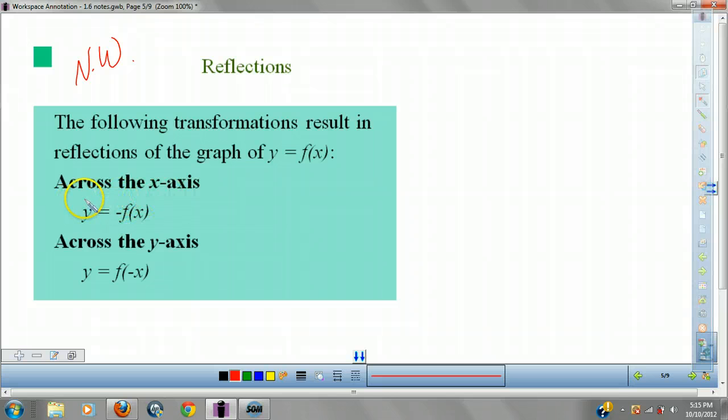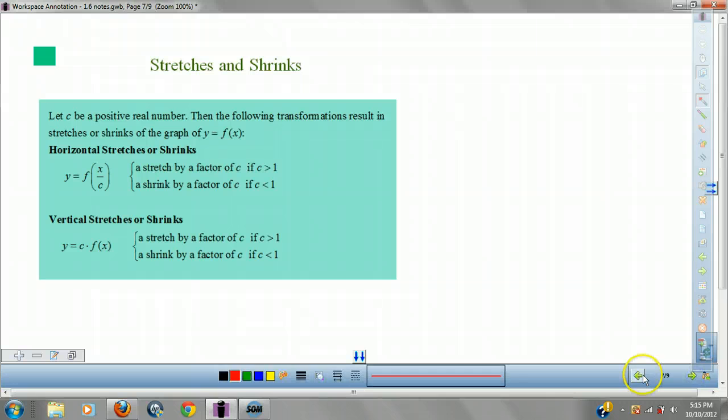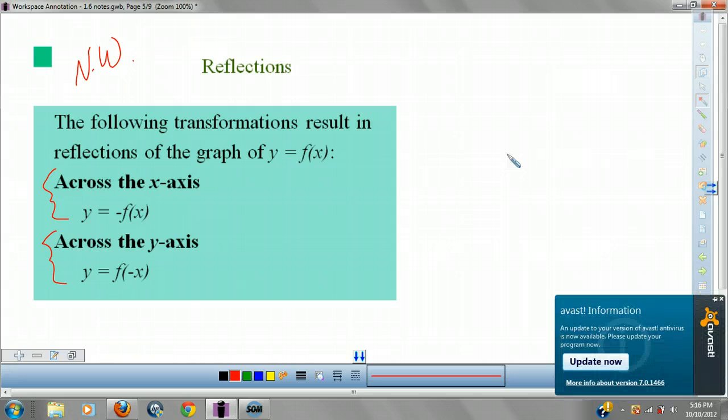When we reflect across the x-axis, you just put a negative in front of your function. When you go across your y, you just put a negative in for your x. I'm going to give you guys a second to go ahead and write that down.